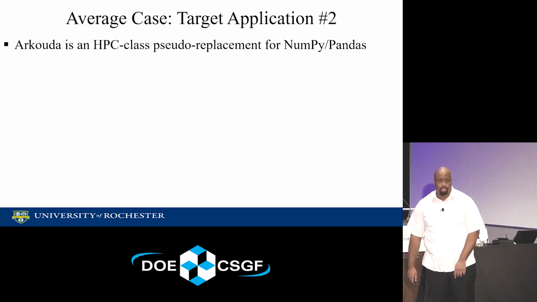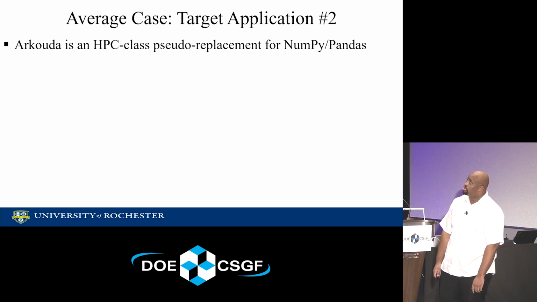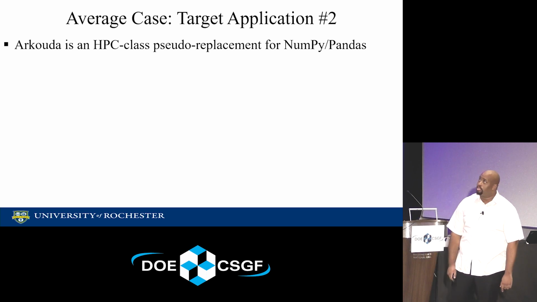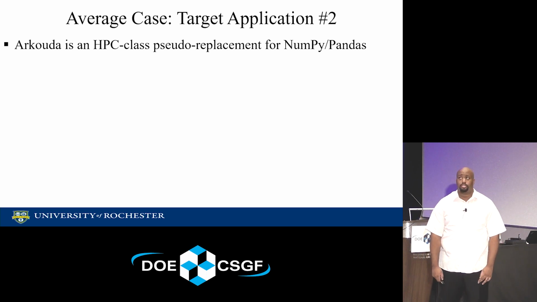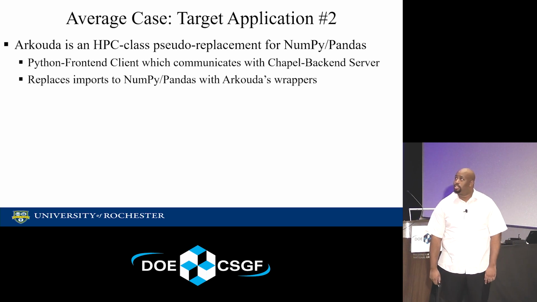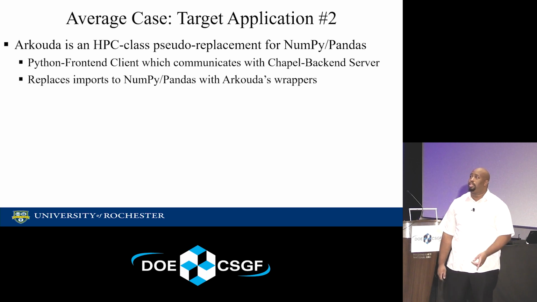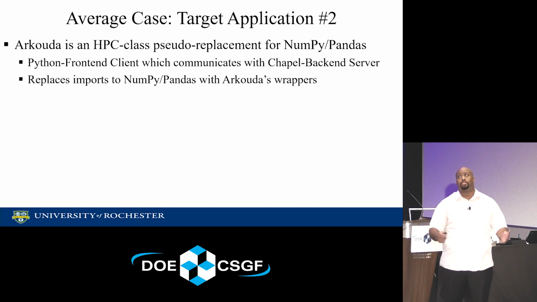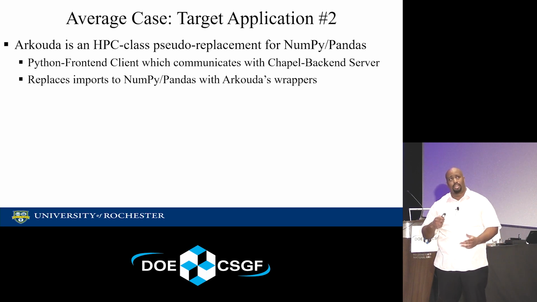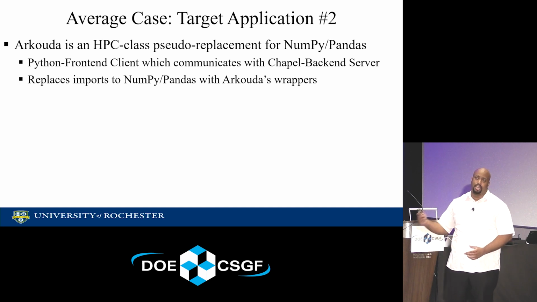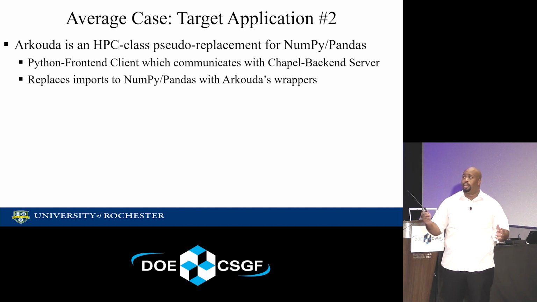So in the average case, we have Arkouda, which is an HPC-class pseudo replacement for NumPy and Pandas. Essentially, you change out NumPy and Pandas imports for Arkouda, and Arkouda has a Chapel backend, which can be run over multiple different compute nodes, and the front end acts as a client, so essentially it's a client-server infrastructure.